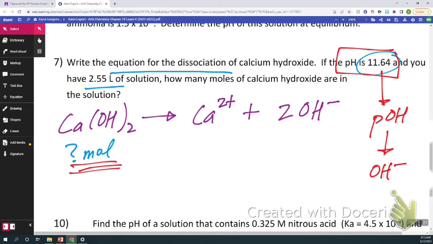So let's do that. 11.64, 14 minus, right? 14 minus 11.64. And then 10 to the negative of that to get OH-.